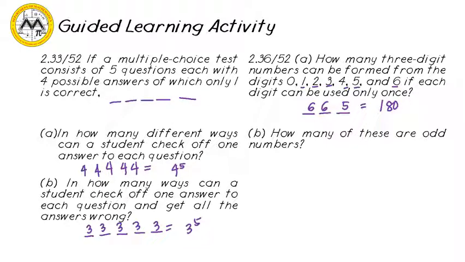How many of these are odd numbers? So to get the odd numbers, we must put the last digit to be either 1, 3, or 5. So we have 3 options. For the first digit, there are 2 possible restrictions that we might be violating. That is taking 0 and taking the last digit already taken. So from 7, we remove 2, so that would be 5.